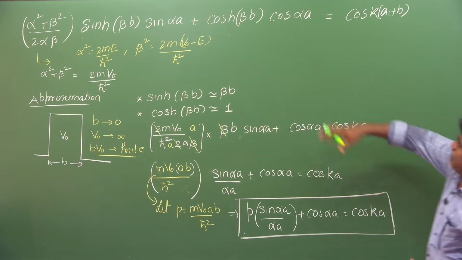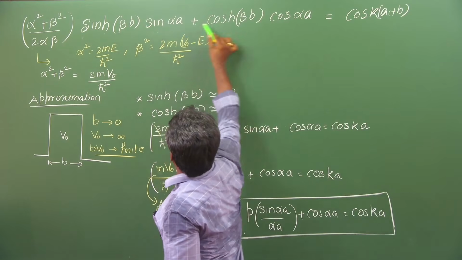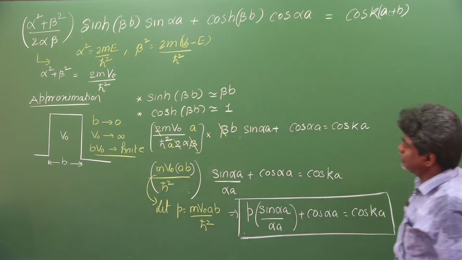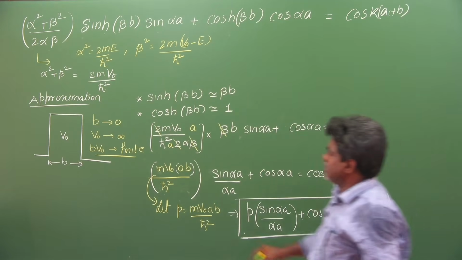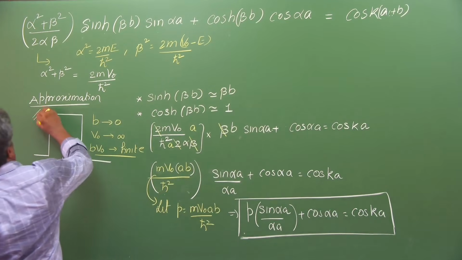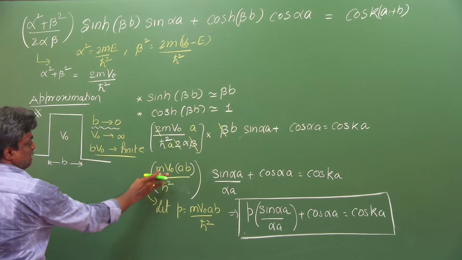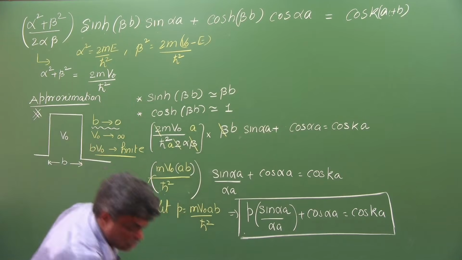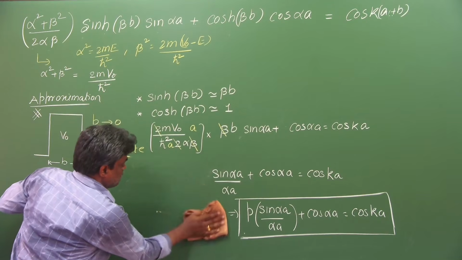Just write the final expression. This is the sine hyperbolic, cos hyperbolic. After that, this is the approximation we are taking: b tends to 0. Here is a small confusion. By mistake I have taken cos alpha A. Sorry, please correct it.